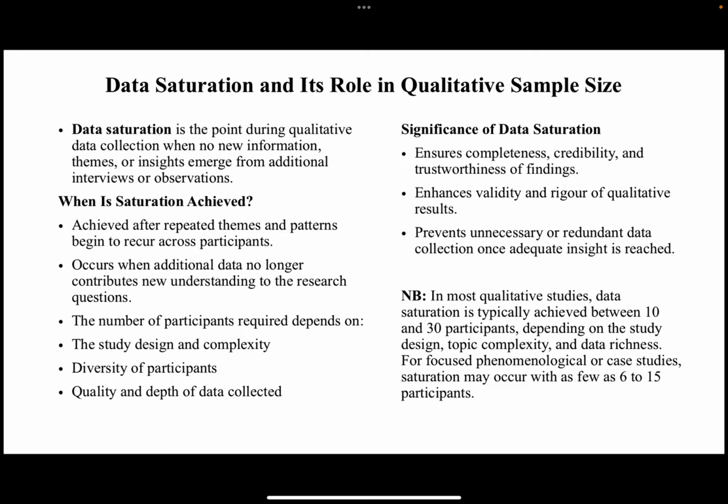In most qualitative studies, data saturation is typically achieved between 10 to 30 participants, depending on the study design, topic complexity, and data richness. For focused phenomenological or case studies, saturation may occur with as few as 6 to 12 participants. That is basically how we determine sample size in a qualitative study.